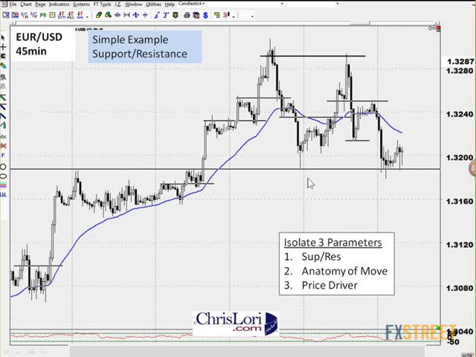So if you've got a protocol like this, and you sit in front of your computer and watch a couple of different currency crosses, you can literally have 5 or 10 interactions in a day. So what's more productive: sitting at your computer waiting for a trade to set up, or consistently interacting with market volatility throughout the day based on a specific framework and protocol, which will help you gain a deeper understanding of the market under a set of parameters?